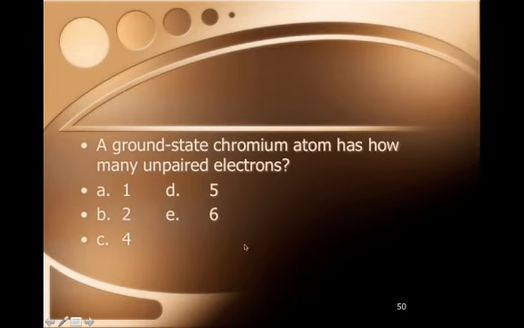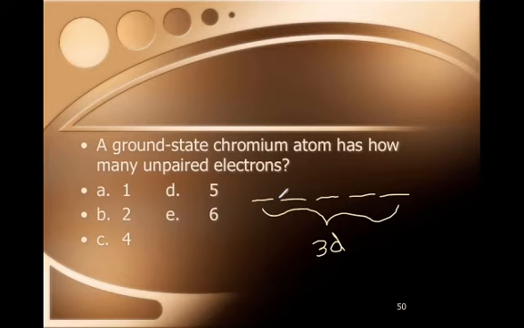Okay, what about the next one? A ground state chromium atom has how many unpaired electrons? This is what we just did today. So find chromium. How I would solve it, the highest energy level is 3d, correct? It's 3d4, so we'd have 1, 2, 3, 4.